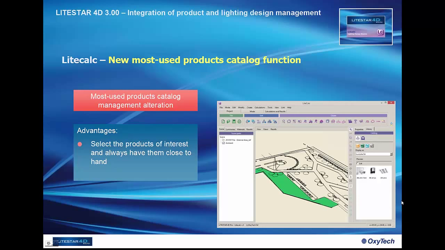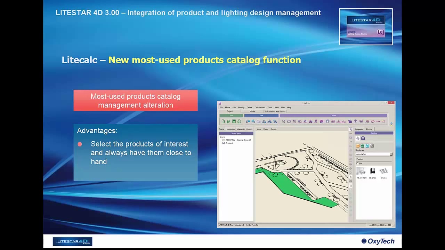So if you are used to work with some specific luminaires, you can use this section to store them so that you don't have to go too far to have them immediately input in your design. As I'm going to show you, it is very simple to add or to remove luminaires from this section.